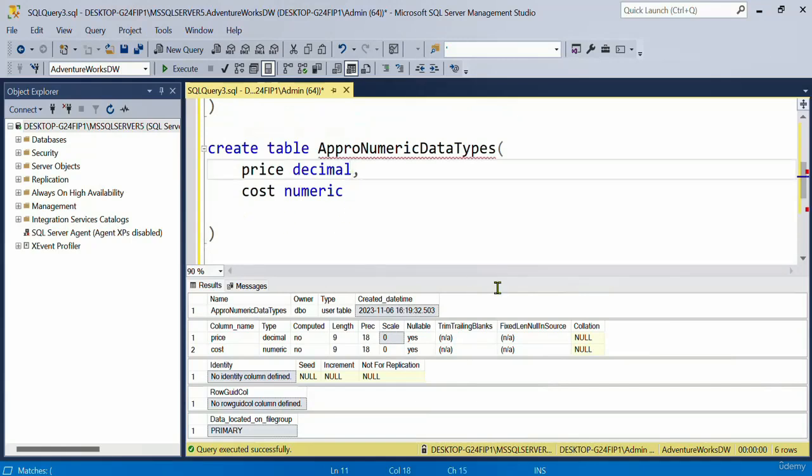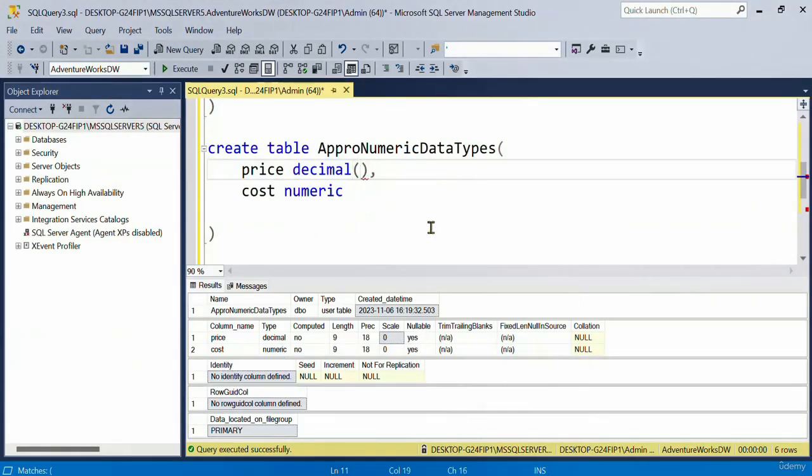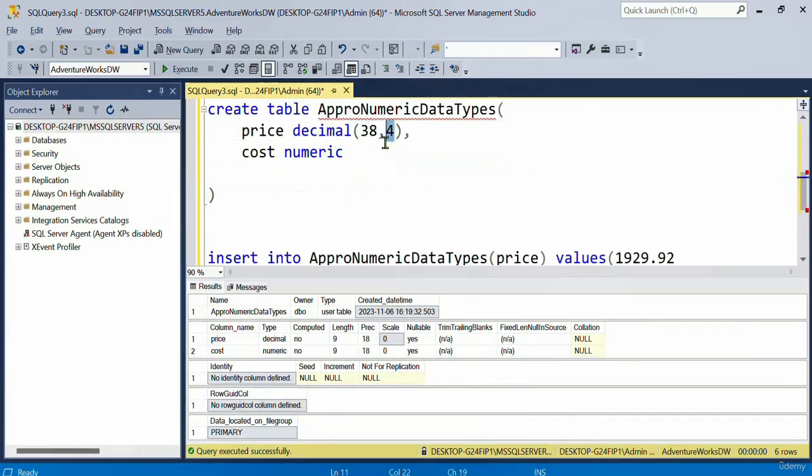For decimal, the range I was showing you back in Excel is 10 raised to 38. What that means is you can have 38, comma, and then the decimal set to any number of digits that you want. However, when I say any number, there is a limit here as well. The scale can be less than or equal to the precision, which is 38. It cannot be more than that.